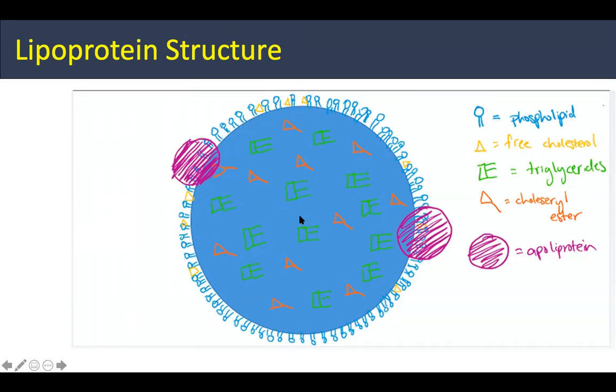Okay, there's one more thing I want to emphasize, which is the bonds within a molecule. For example, my fatty acid to my glycerol, my fatty acid to my cholesterol, even my fatty acid to my phosphate, all of those we call covalent bonds. Those are very, very strong. They share electrons.